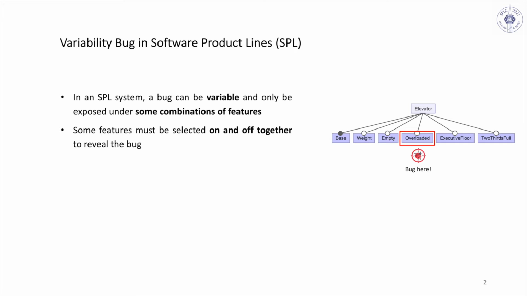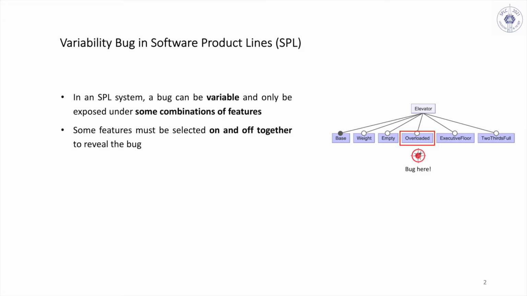So, it seems like when you re-enable overloaded, the failures will happen. But the answer is, in some scenarios, even when overloaded is on, the bug might not be revealed because it needs to collaborate with other features, for example, two-thirds full, to expose the failures.